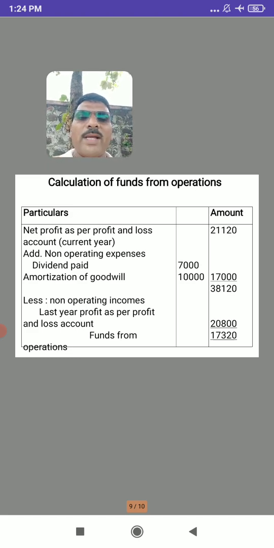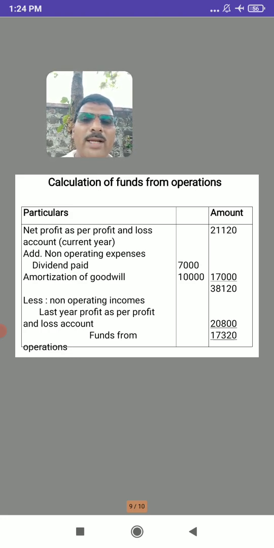Here net profit as per the P&L account is 21,120 for the current year, and now the non-operating expenses are added. The non-operating expenses are dividend paid 7,000 and the amortization of goodwill, that is 10,000. The total non-operating expenses is 17,000 and we get a total of rupees 38,120 after adding non-operating expenses to the net profit.